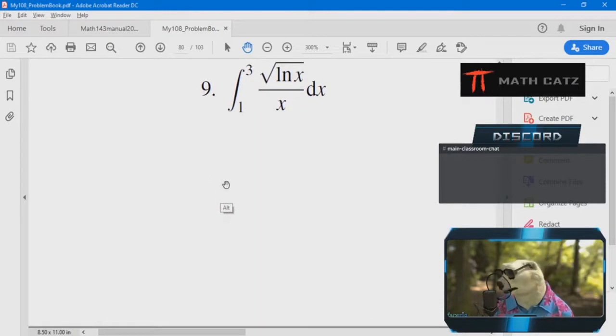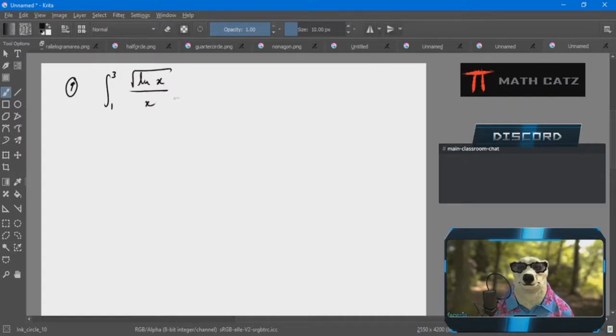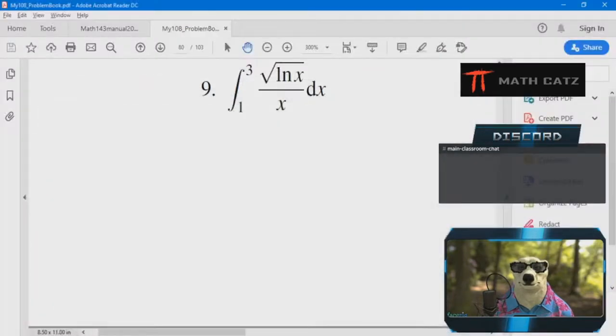I might as well do number 9. Why not? Number 9. Root of log of x over x. And my integral is 1 to 3.